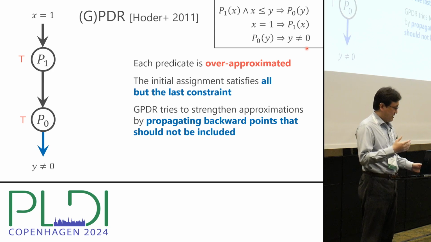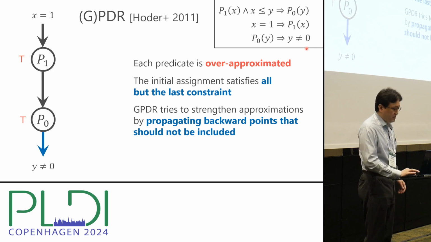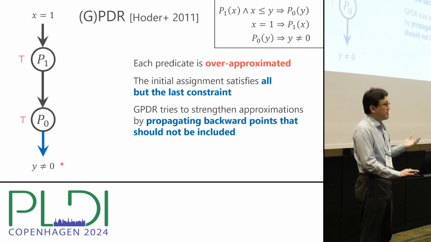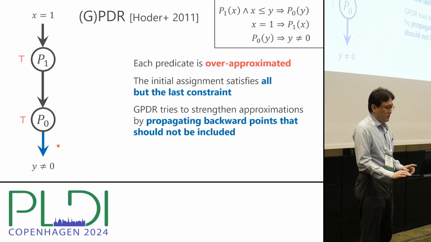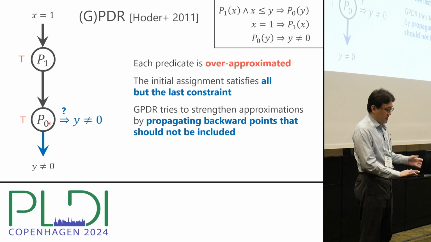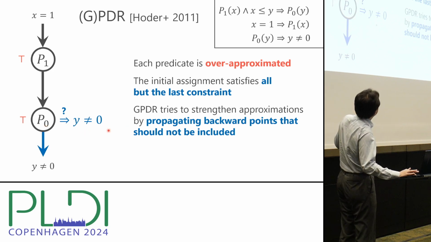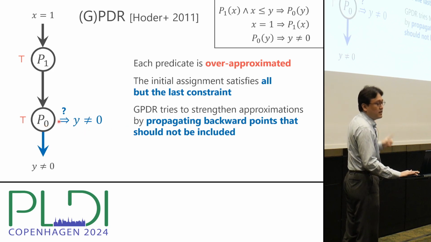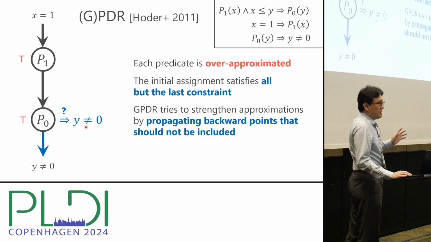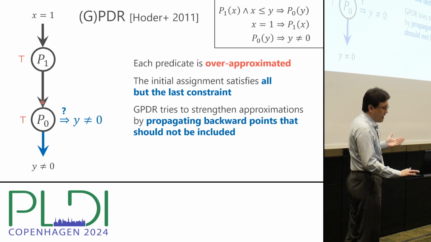In order to do that, it propagates the information of the points that should not be included in each predicate. For example, here is a direct constraint on P0, meaning that P0 must be false on 0. So we propagate this information. We express this information like this. So we have to strengthen P0 so that this is satisfied. And this kind of information can be propagated backward.